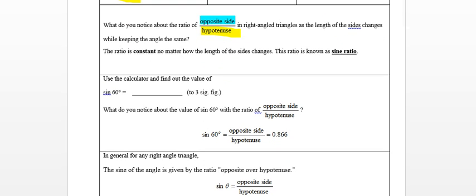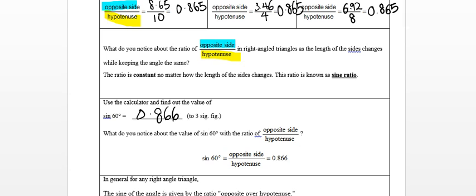Using the calculator, find the value of sine 60. Are you able to find the sine button, SIN, on your calculator? Press sine 60 and you will get the value 0.866, corrected to 3 significant figures. Now what do you notice about the value of sine 60 and the ratio of opposite over hypotenuse?